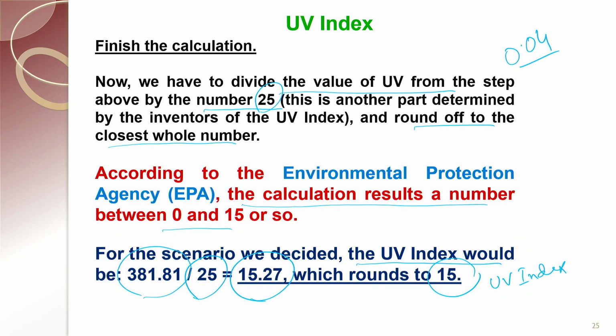Suppose in complete overcast, 330 multiplied by 0.31 due to the complete overcast situation, and at 1 kilometer height it will be multiplied by 1.06 because of a 6% increase. If we calculate this, we will get a certain UV index, divide by 25, and then round off that value.